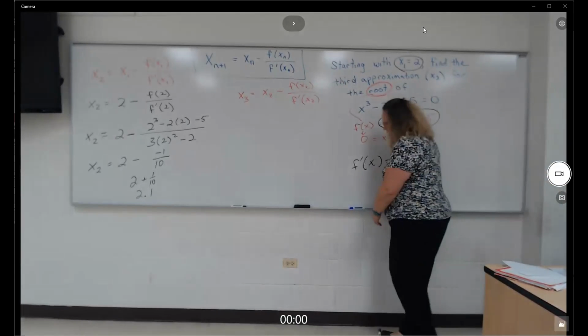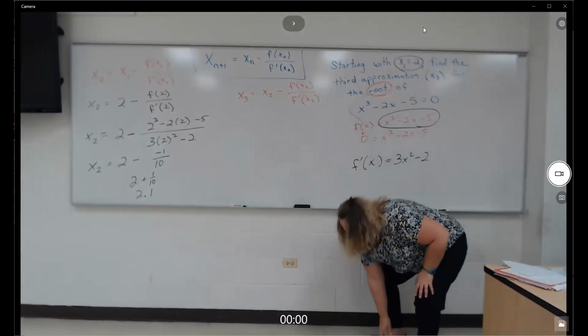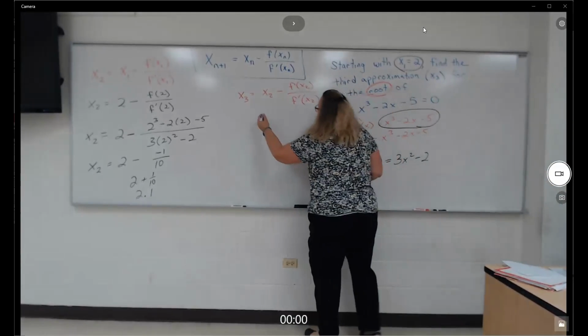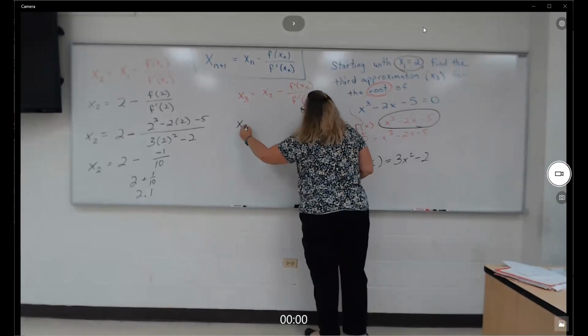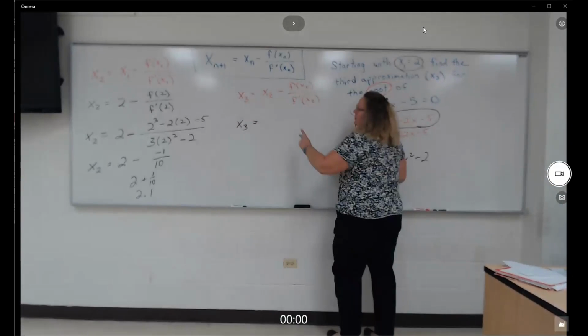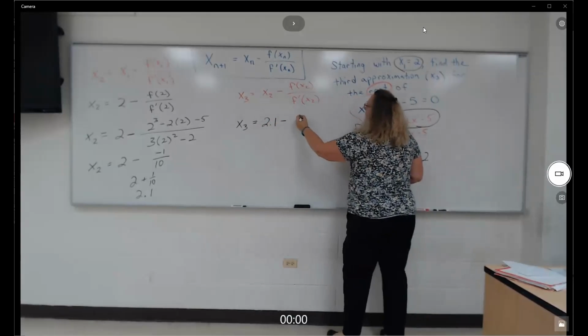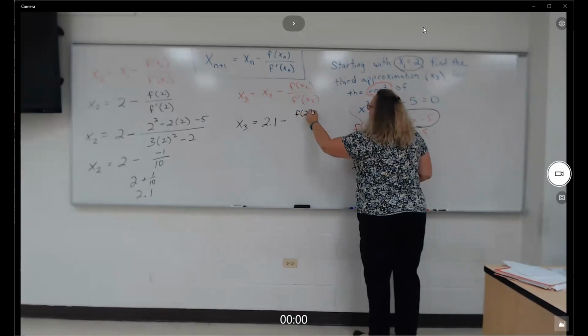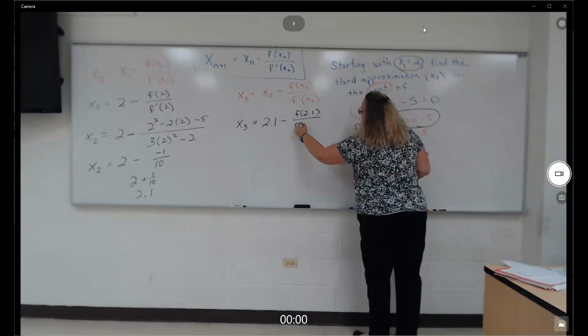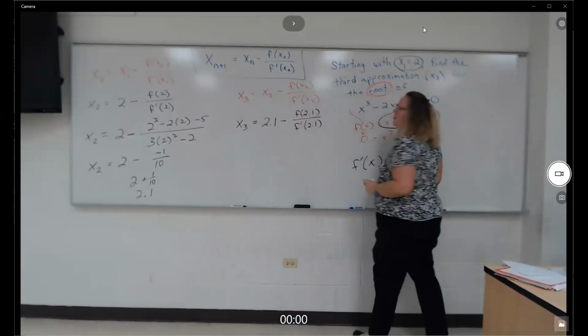And so now I just do x of 3, my third and final approximation, 2.1 minus f of 2.1 divided by the derivative using 2.1.